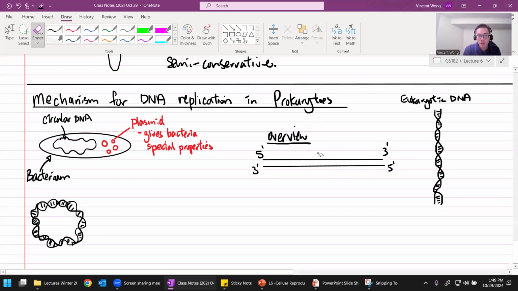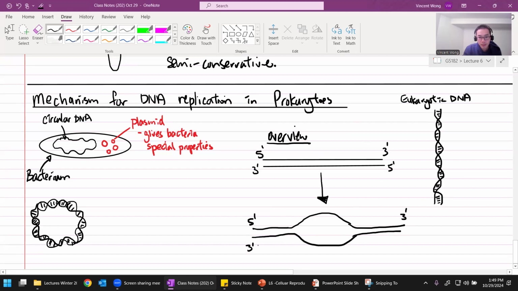Okay, so this is the original DNA. And the process of DNA replication basically starts by creating a bubble, like that. This is the 5, this is the 3, this is the 3, this is the 5.